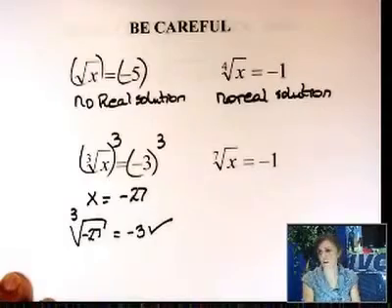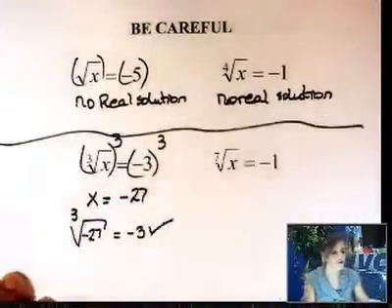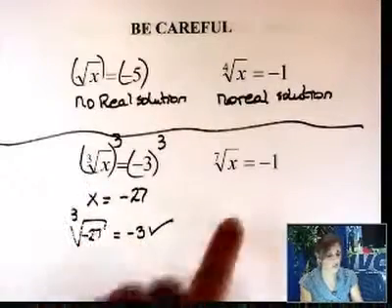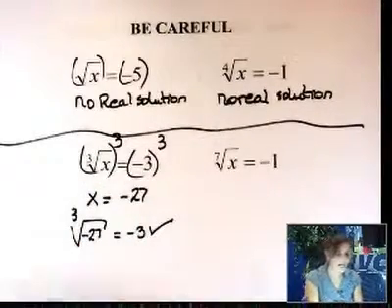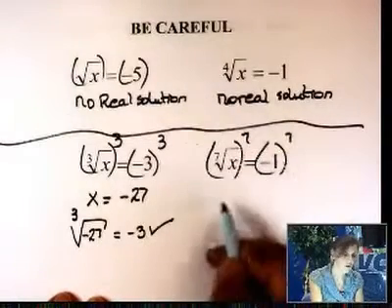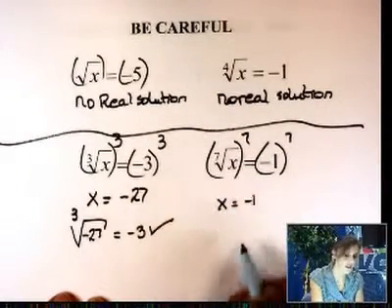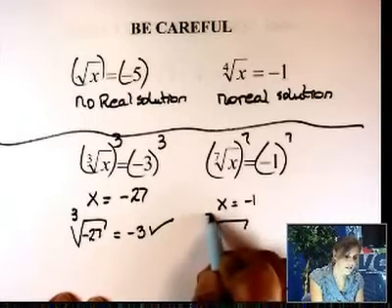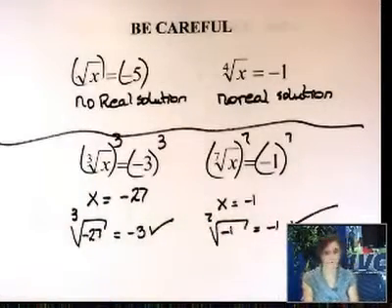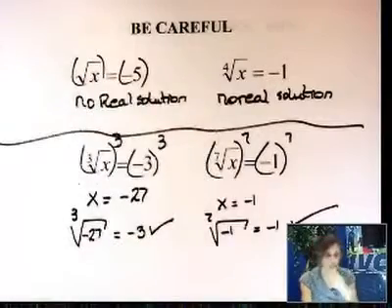Yes, it is. All right, know the difference. Even roots, no real solution. Odd roots, let's see if it works for these guys. If you take the 7th power, you'll get x equals negative 1. Does that work? The 7th root of negative 1 is negative 1. It does. So be careful with these two cases.